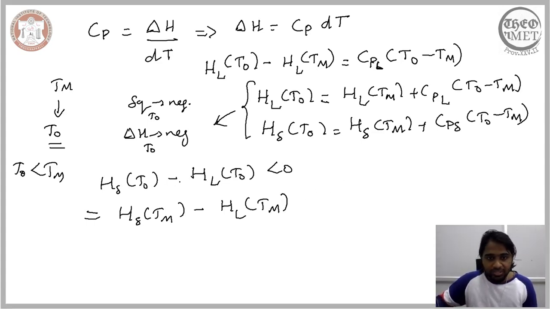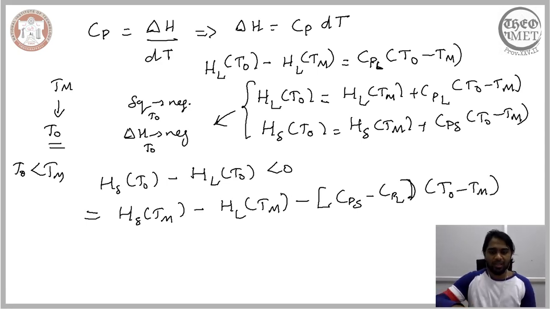So what we are essentially doing is subtracting these two, and then we have Cps minus Cpl and T0 minus Tm. So this is the difference in the enthalpy of solid and the enthalpy of liquid at the temperature that is much lower than Tm, and we are expressing these two in terms of this relation here.